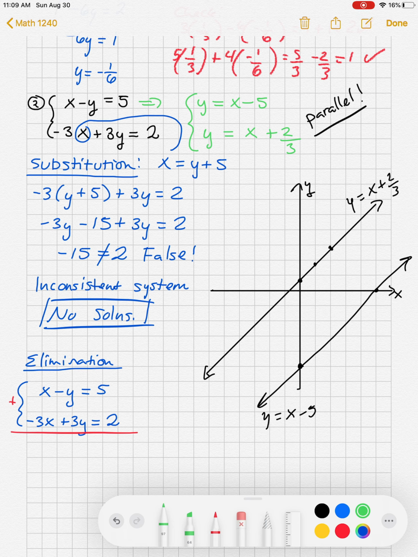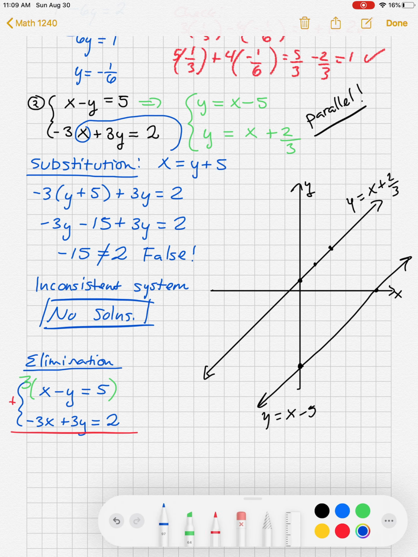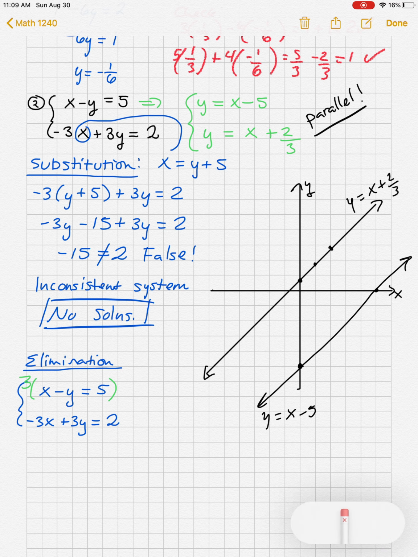What if I multiply this whole top equation by a 3? You see what's going to happen? Let's do that first. I'm going to get 3x minus 3y equals 15. The bottom equation, I'm going to leave as it is.